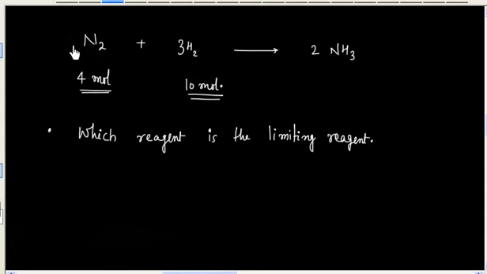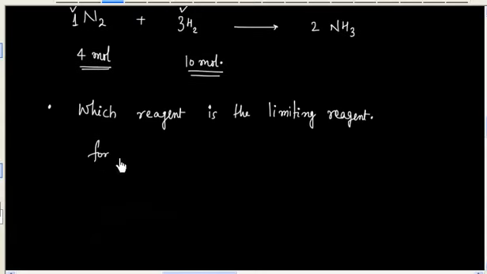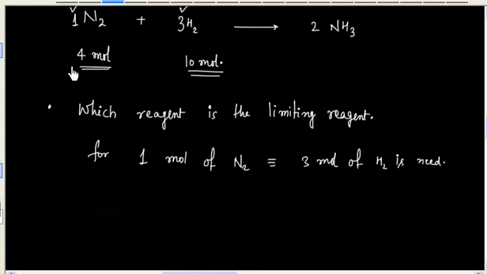You see, for 1 mole of nitrogen, 3 mole of hydrogen is needed. And we have 4 mole of nitrogen. So for 4 mole of nitrogen, we require 12 mole of hydrogen. But we have only 10 mole of hydrogen.